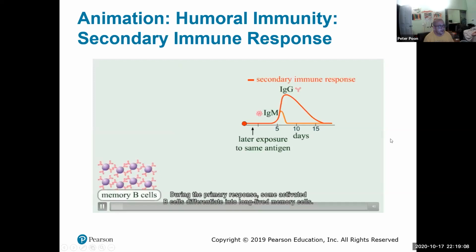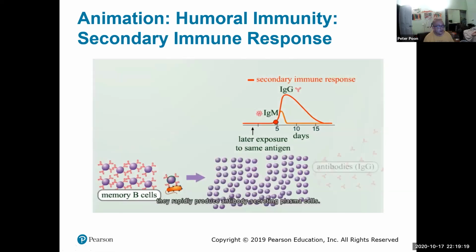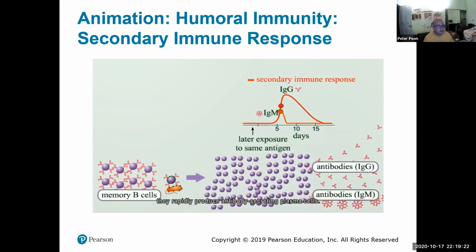During the primary response, some activated B cells differentiate into long-lived memory cells. If these cells become stimulated by the original antigen, even years later, they rapidly produce antibody-secreting plasma cells.